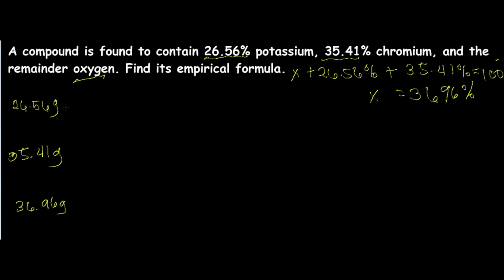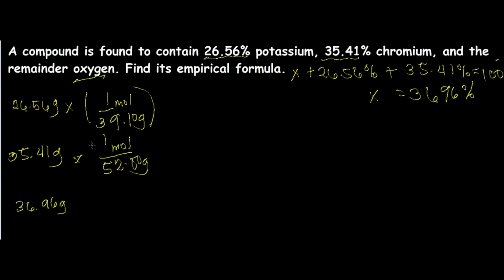36.96 grams. Multiply them by their molar mass, we will have 1 mole over 39.10 grams times 1 mole over 52.00 grams times 1 mole over 16.00 grams. Now cancel the grams.